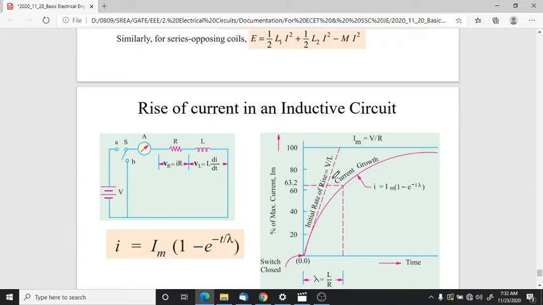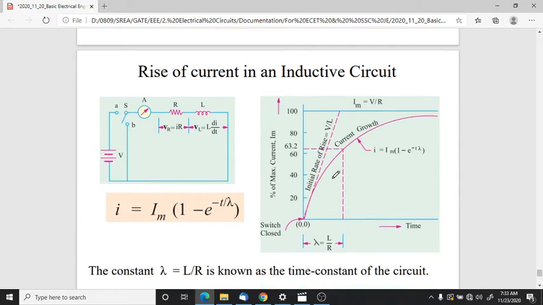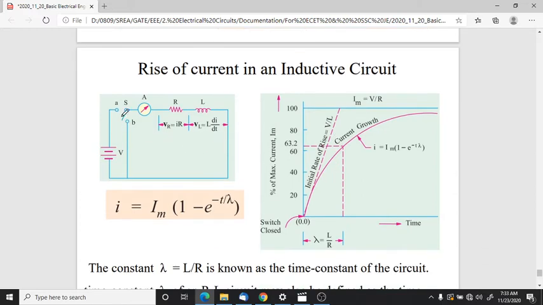So the only difference is current and voltage; the rest is almost the same. If you take a circuit with some resistance and inductance and close the circuit with a source, the current will slowly rise.